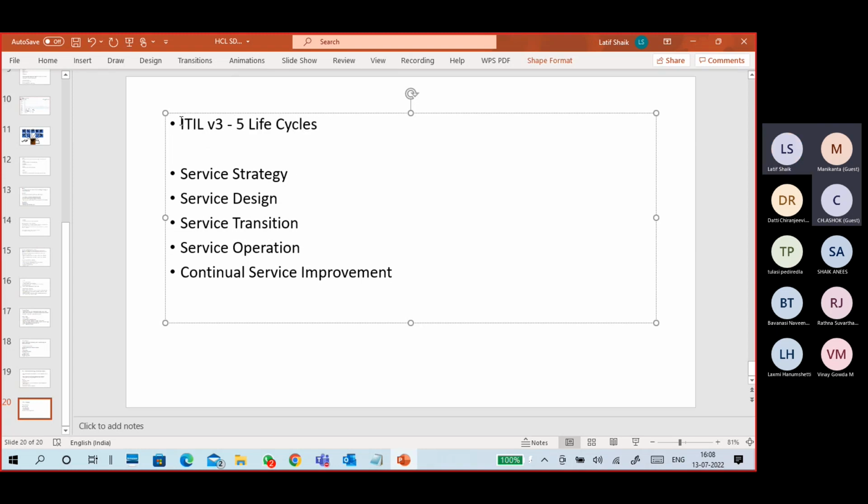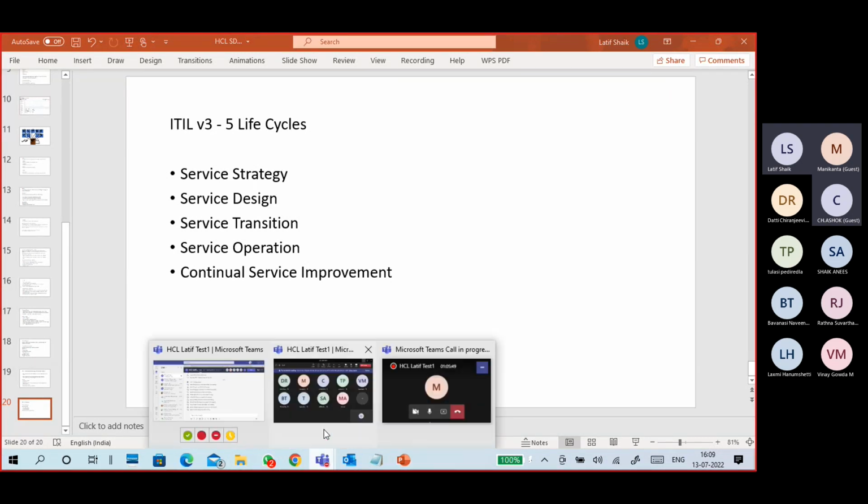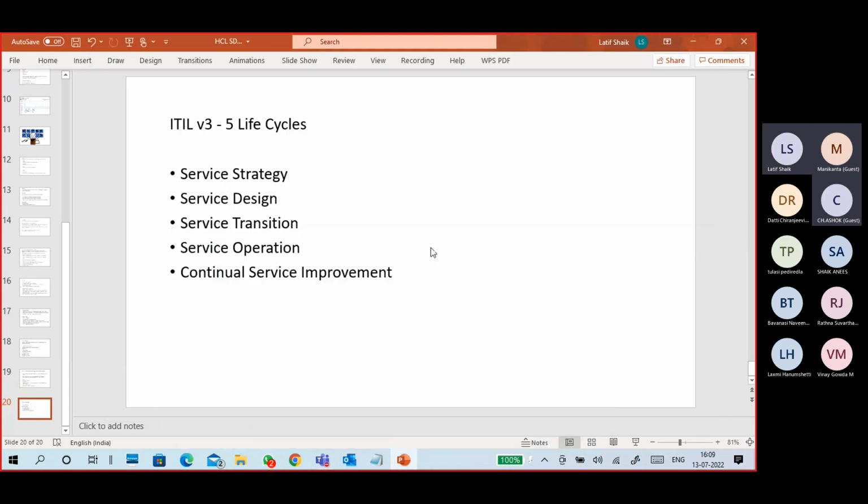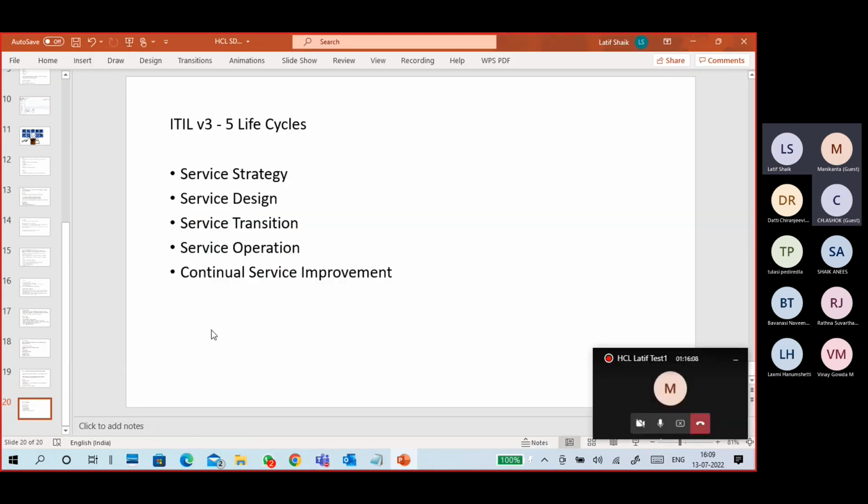The first life cycle is service strategy, then service design, service transition, service operation, continual service improvement. You have to follow this order only, always top to bottom.